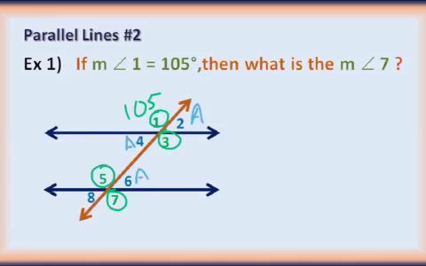And if we remember what we just said, the obtuse angles are equal to one another. So if angle 1 is 105, that means angle 7 is also 105. Measure of angle 7 is also 105.